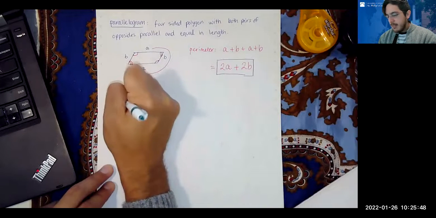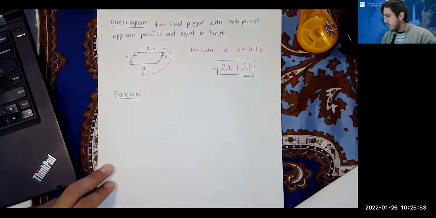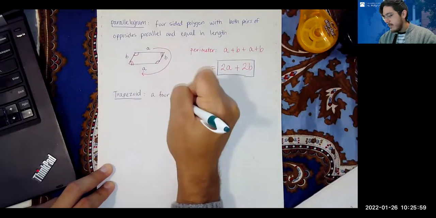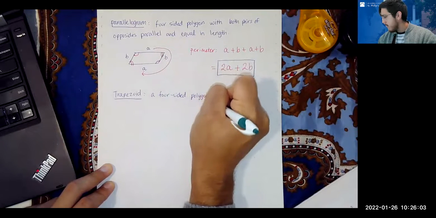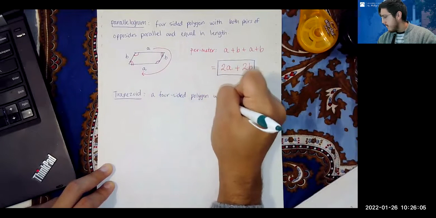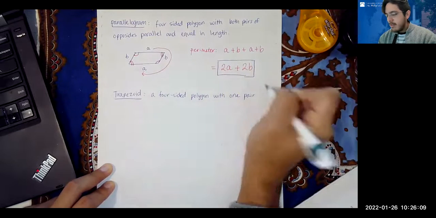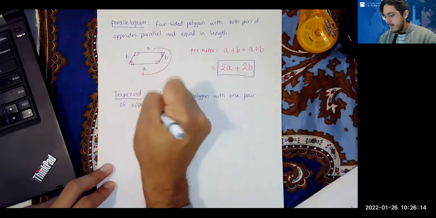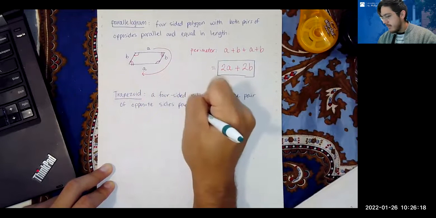Finally, we have a trapezoid, which is a 4-sided polygon with one pair of opposite sides that are parallel.